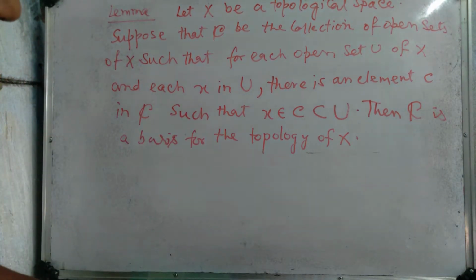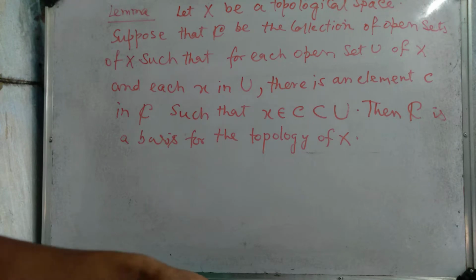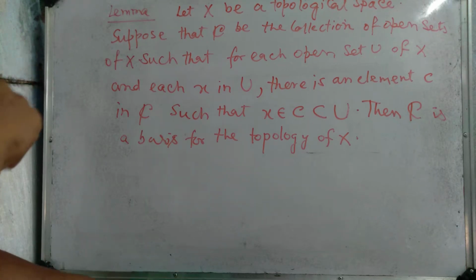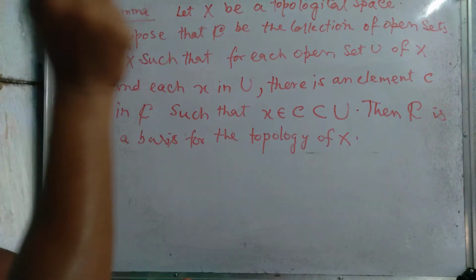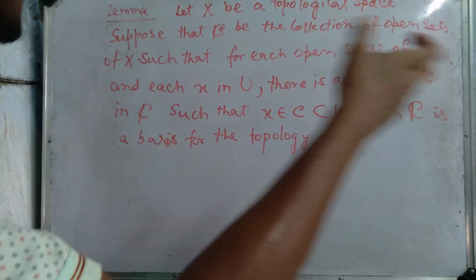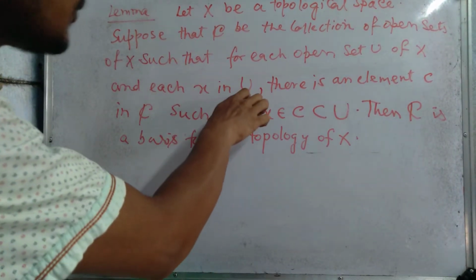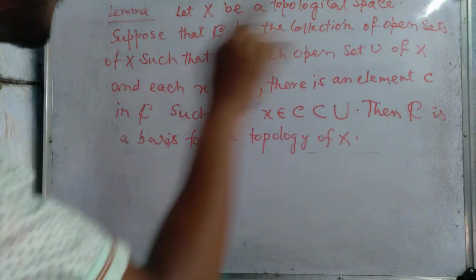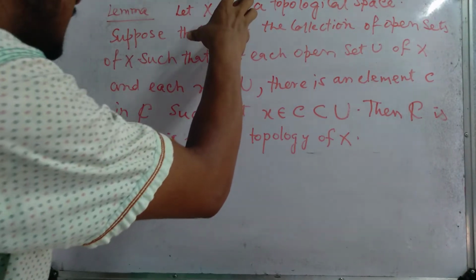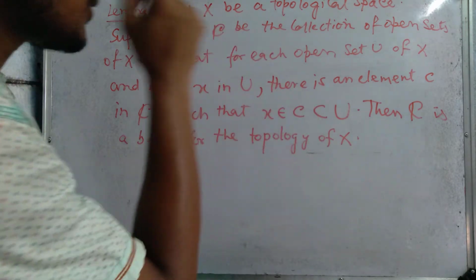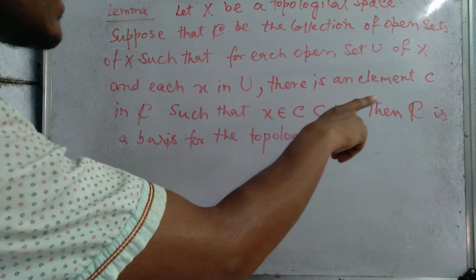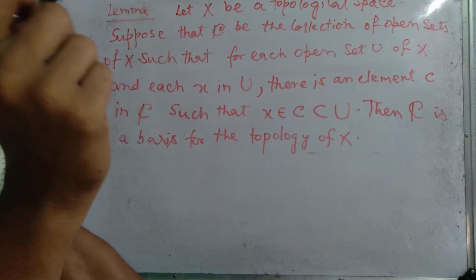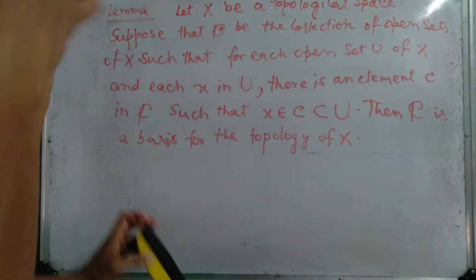Now prove it. X is a topological space and C is a collection of open sets of X such that for each open set U of X and each x belongs to U, there is an element C from this collection such that x belongs to C, a subset of this open set U. Then C is a basis for the topology of X. We prove it now.